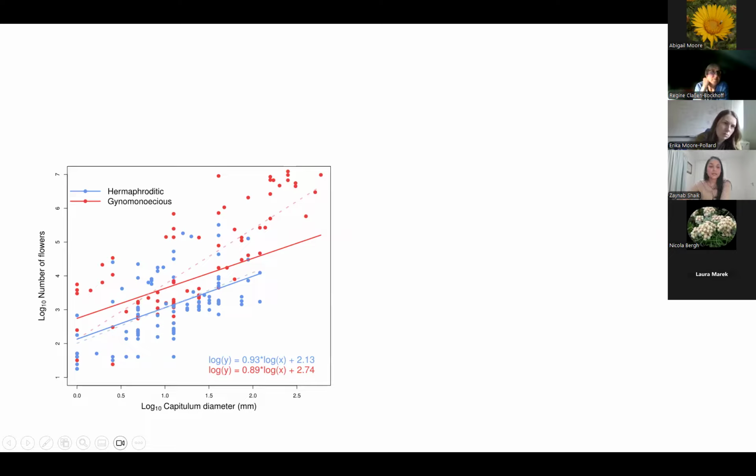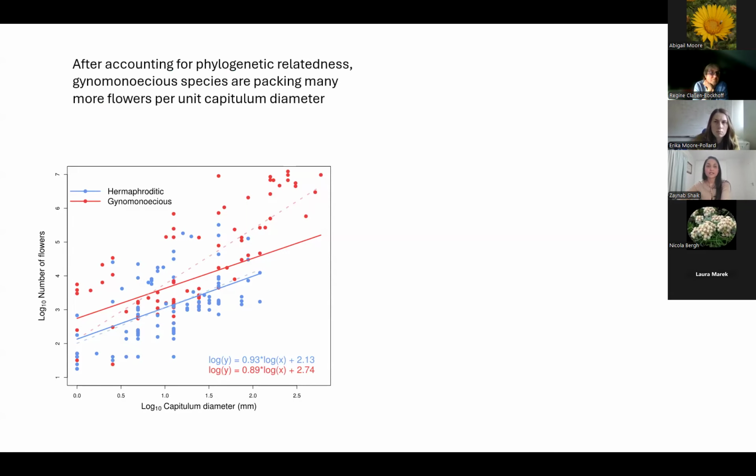And you can see that hermaphroditic species and gynomonoecious species both show a positive relationship, as might be expected. The slopes of the lines do not differ significantly, but their intercepts do. So what this tells us is that gynomonoecious species are packing many more flowers into a capitulum of a given size. And in unlogged numbers, this is equivalent to about a 3 times difference.